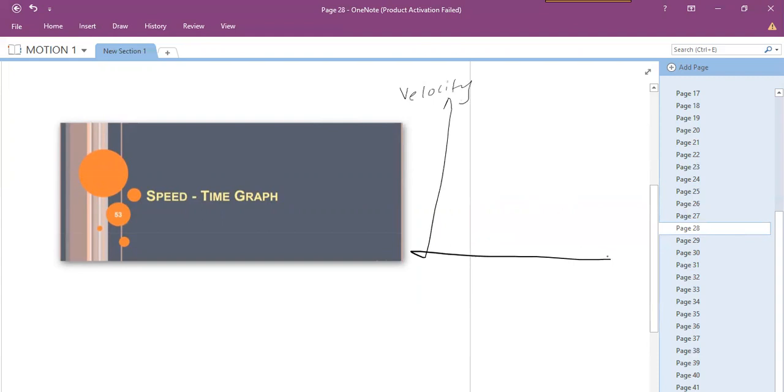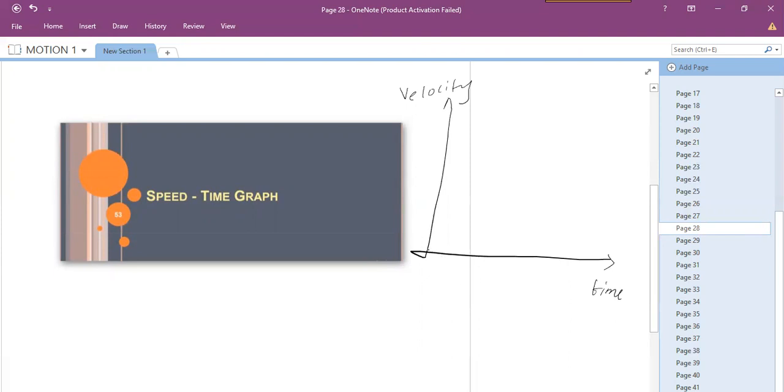Every time you see velocity on your y-axis and time on your x-axis, that's known as a speed time graph. A speed time graph is going to have changing speed or changing velocity, and where there is changing speed or velocity, there will be acceleration.